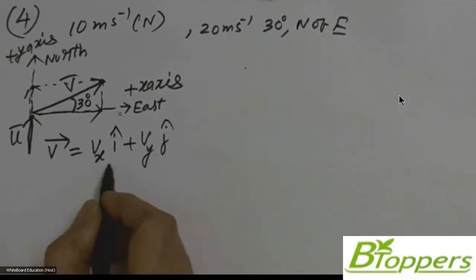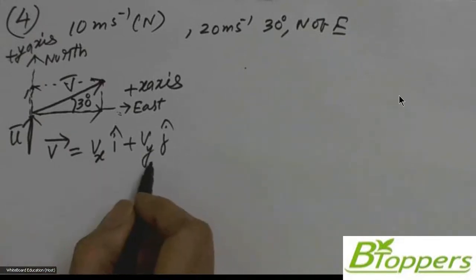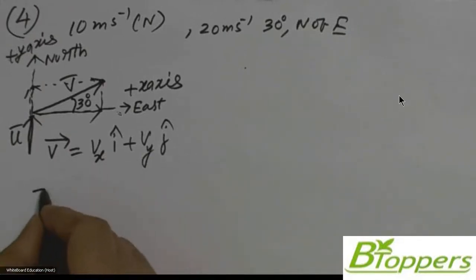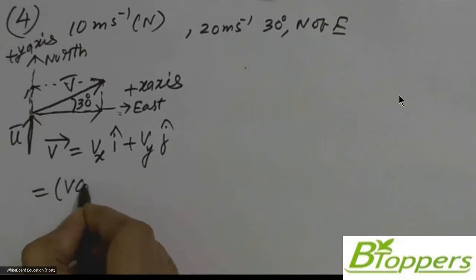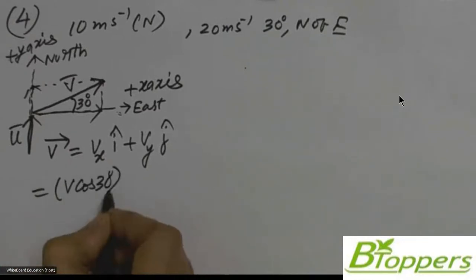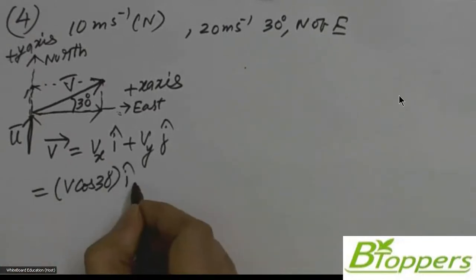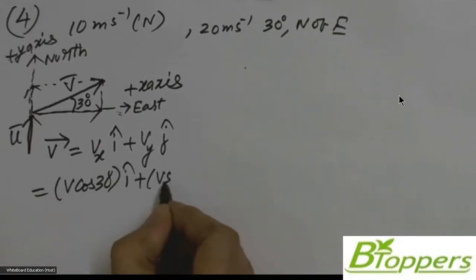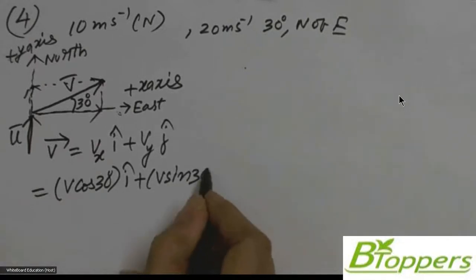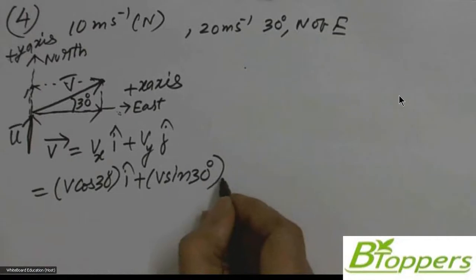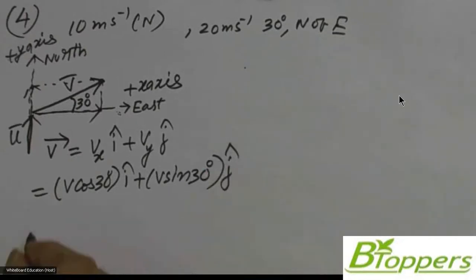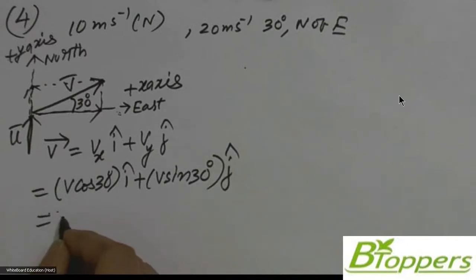Vx is the x component of v bar and vy is the y component of v bar. Vx can be written as v cos 30 degrees. Vy can be written as v sin 30 degrees. We can write the magnitude of v bar, or v, equal to 20 meters per second. Cos 30 degrees is root 3 by 2.